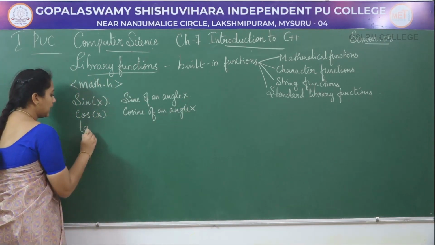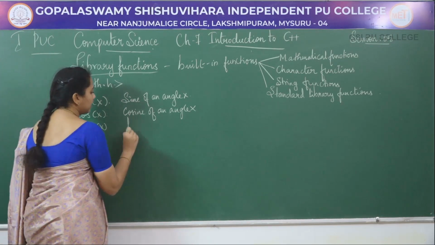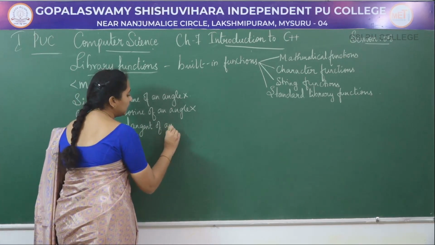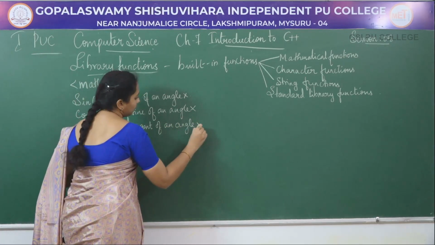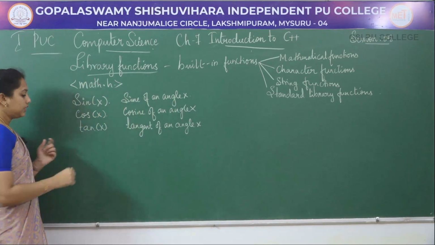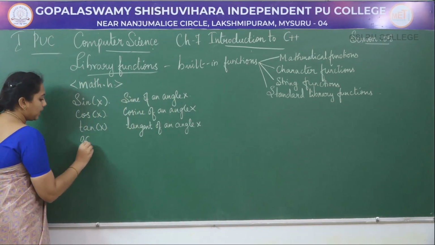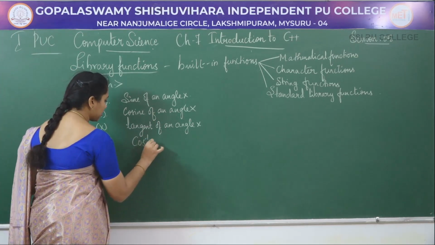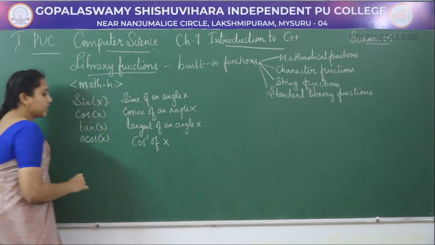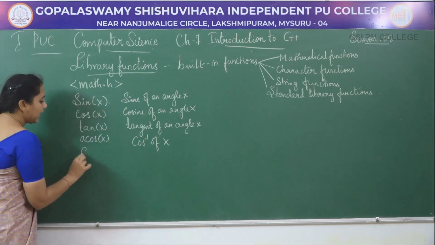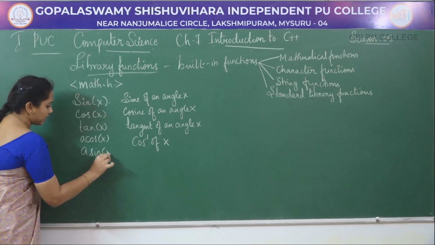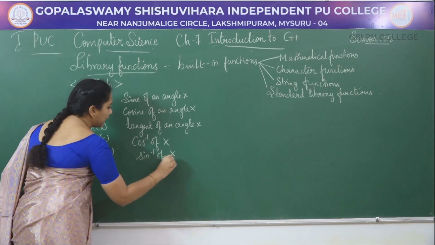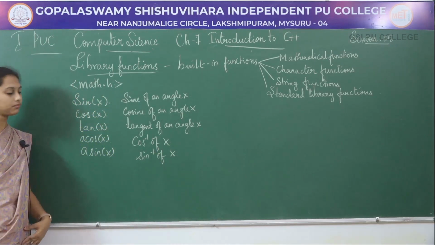Next is tan of x, which finds the tangent of an angle x. Next is acos of x, where we are finding cos inverse of x. Next, asin of x, where we are finding sin inverse of x.